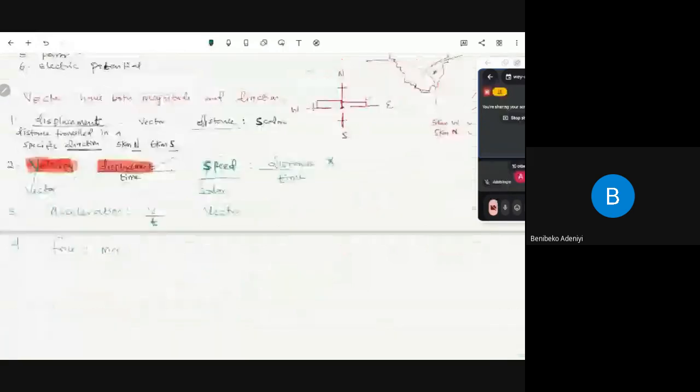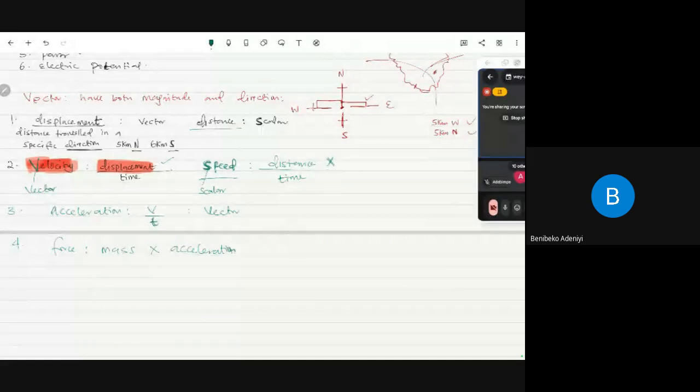Before we talk about work, let's talk about force. Number 4. Force. Force is mass times acceleration. In the definition, force is an agent that changes or tends to change the motion of an object, and it takes place in the direction of the object.